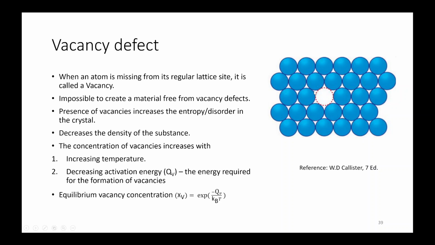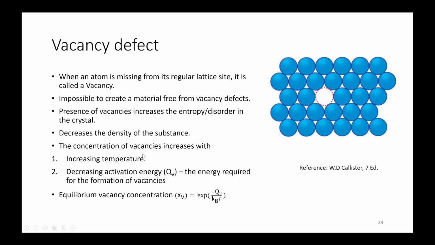These vacancy defects are always found in materials, and the presence of vacancies increases the entropy or disorder in the crystal, and decreases the density of the substance, because atoms are missing, so it reduces density.